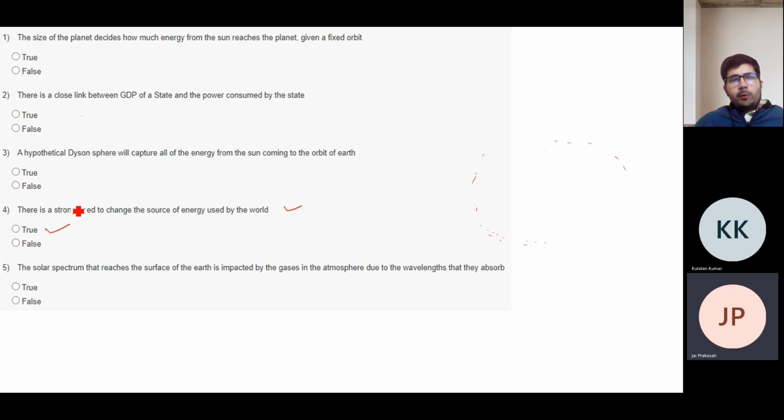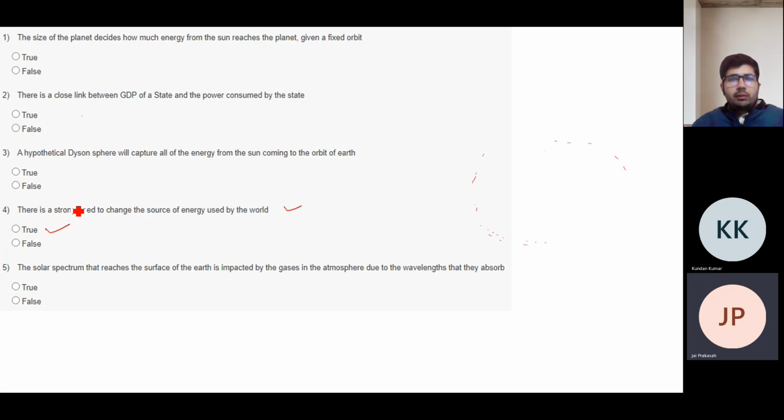So if we are able to develop some technology that can tap the maximum amount of that energy, we have a huge scope there. Suppose you have technology with only 15% or 20% efficiency, you will capture the annual consumption of energy in maybe 3, 4, 5 days.